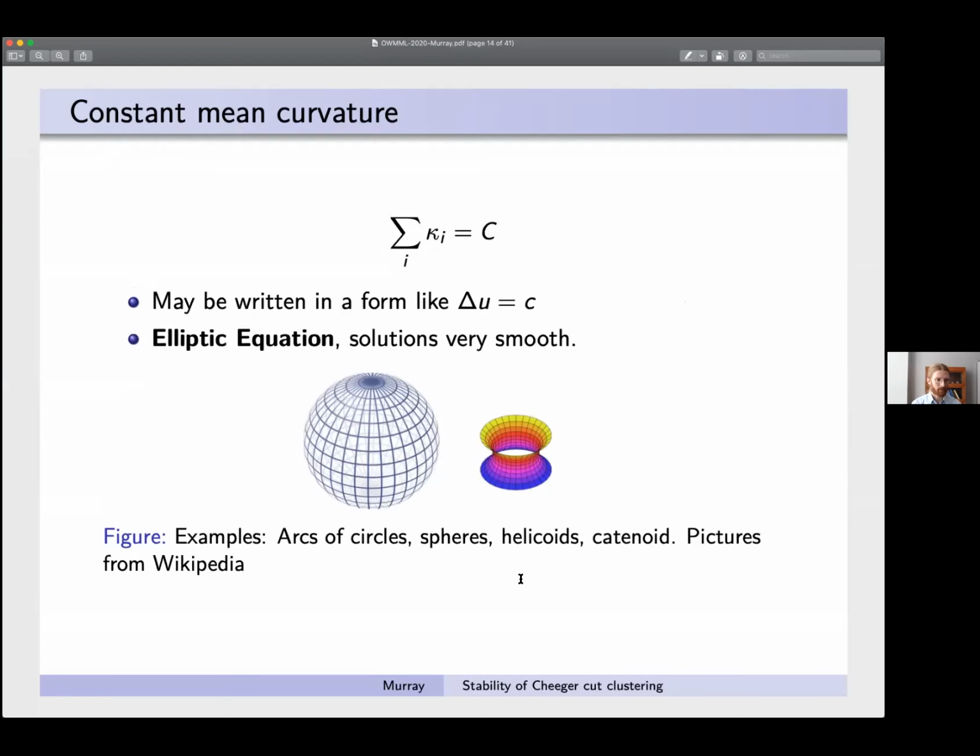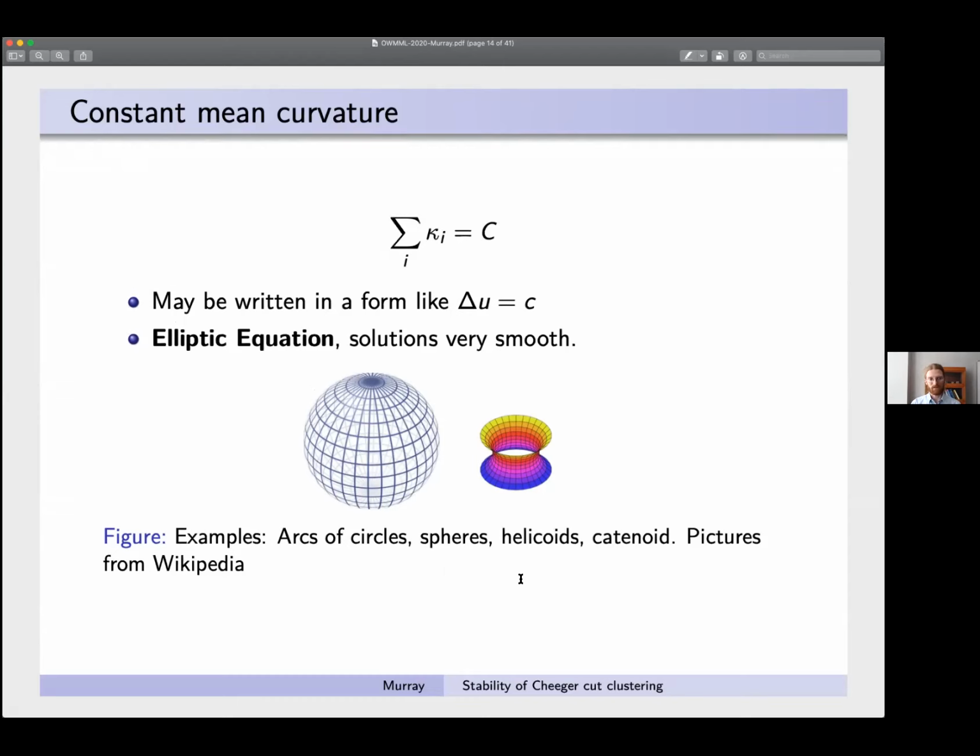Now, this constant mean curvature equation, the sum of kappas equals C, actually has an underlying elliptic form. It may be written in a form like Laplace U equals C. This should really be in quotes, since it's not a precise statement, but there are many analogies between the two.